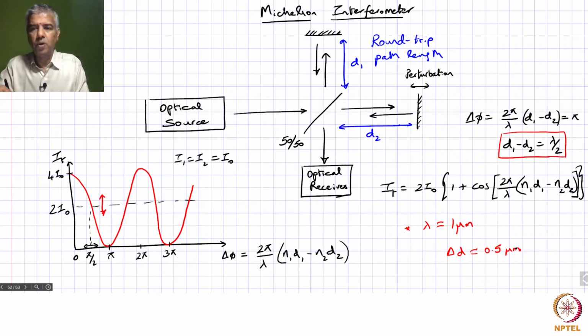So if you want to measure small phase changes, let's say in the order of a fraction of pi radians, then that can easily get immersed even if the perturbations are in the order of 100 nanometers. And I am talking only about physical path length changes, but that could also happen because of changes in the refractive indices n1 and n2.